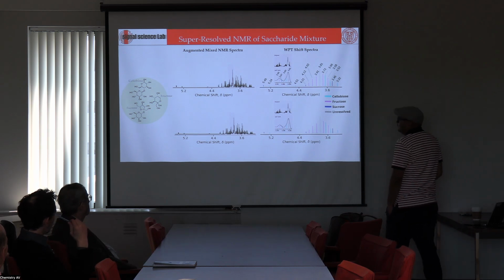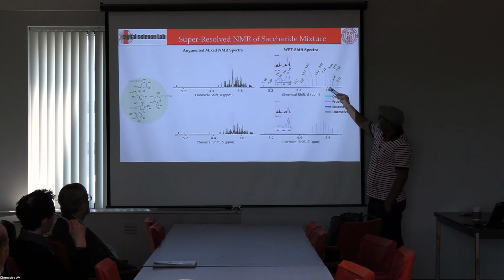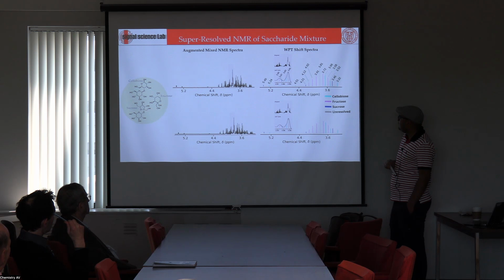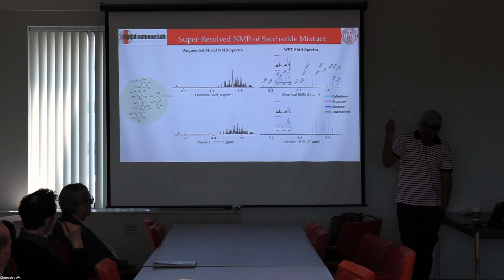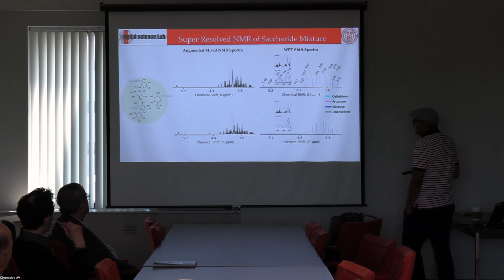Apply the wavelet shift spectrum, and you start getting these singlets. Each singlet now corresponds to a different component, different molecules, because their location is occurring at a different position. You also found some unresolved. So it gives you what is there, and what potentially we don't know, where there can be additional information.